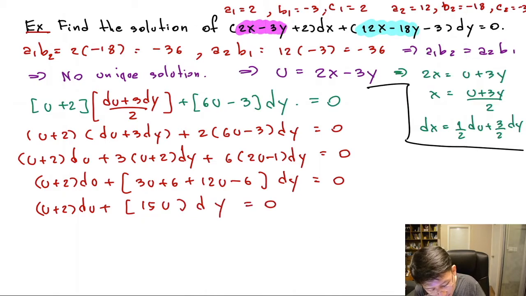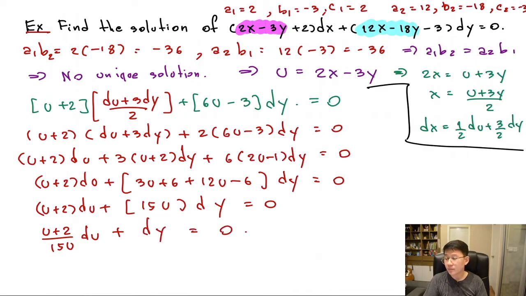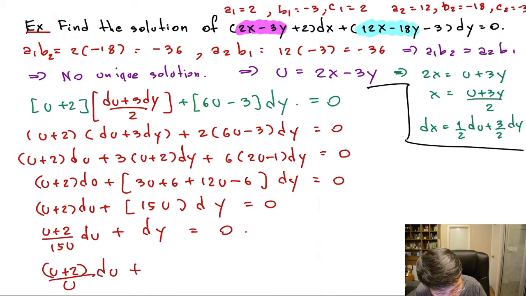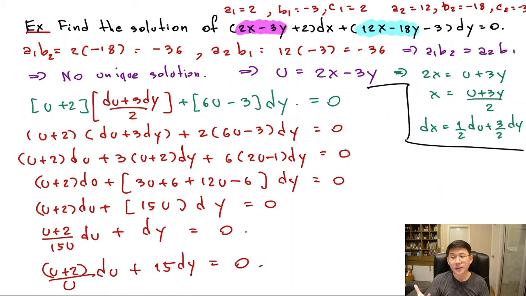It means that this is u plus 2 divided by 15u du plus dy equals 0. Okay? And then I'll just multiply the whole equation by 15. So I get u plus 2 divided by u du plus 15 dy equals 0. And then this is separable, right?